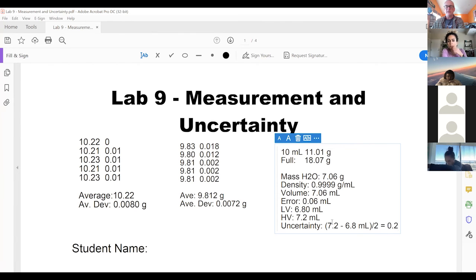My uncertainty is 0.2. That tells me I should be able to measure the volume accurately within 0.2 mL, and I was, because my actual volume of water was 7.06 mL, well within the uncertainty.